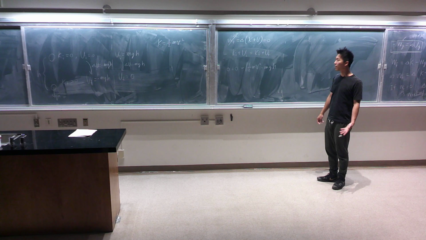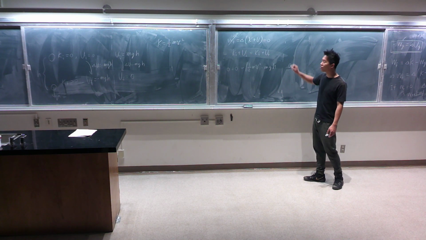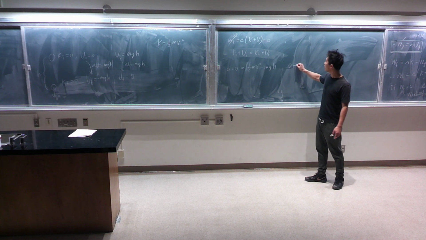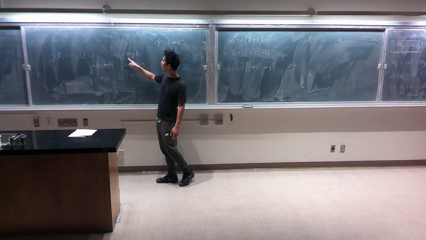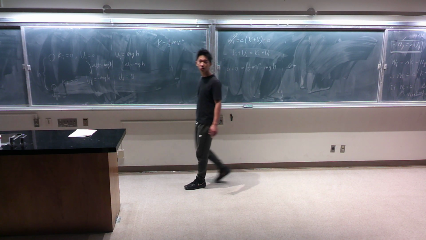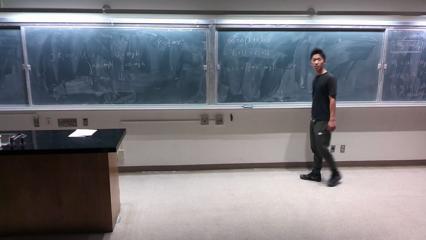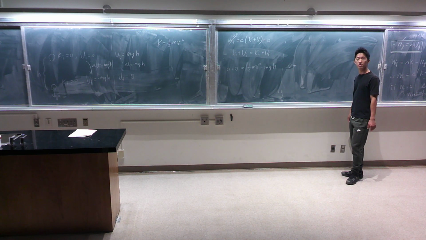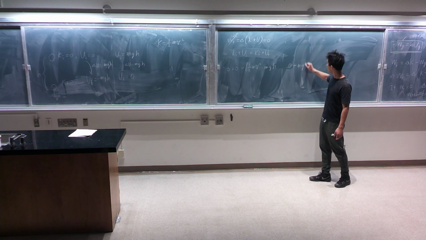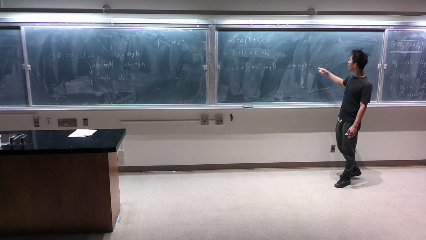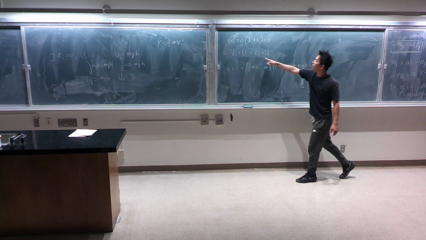Is it 0? Yeah, it's 0. It's kinetic energy. How about the initial potential energy? What is the initial potential energy up here if the potential energy down here is 0? mgh. Good. Now, what will the final kinetic energy be?